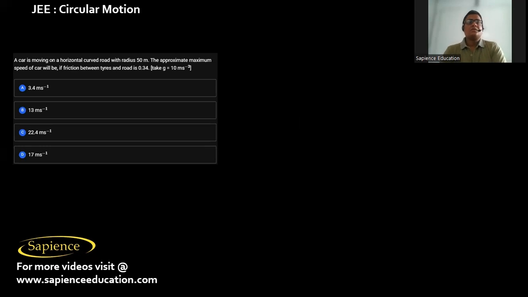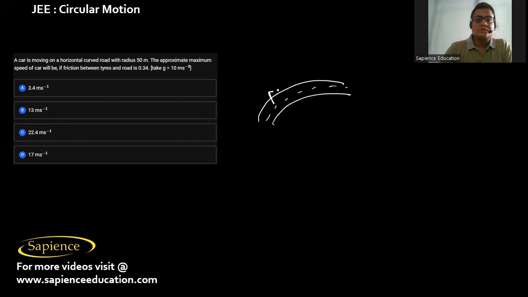And here it is told a car is moving on a horizontal curved road with radius 50 meter.